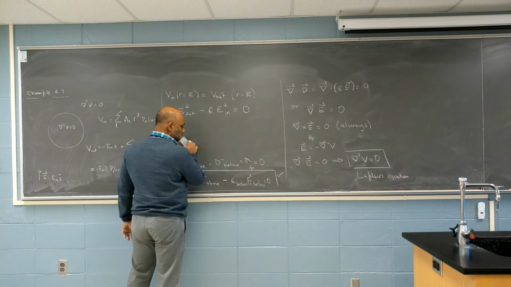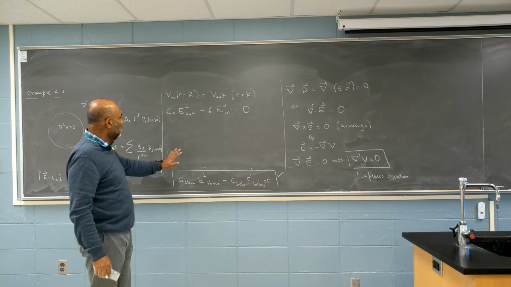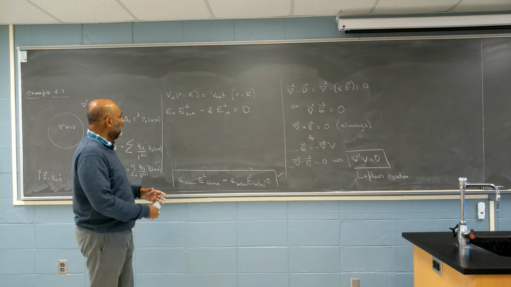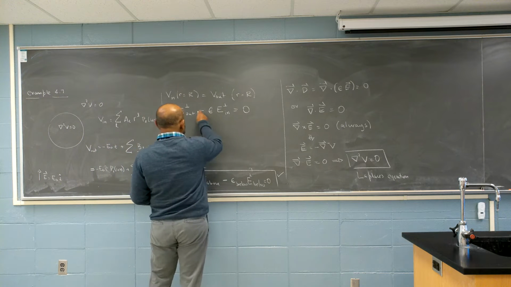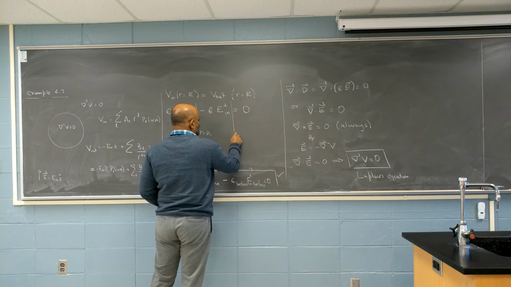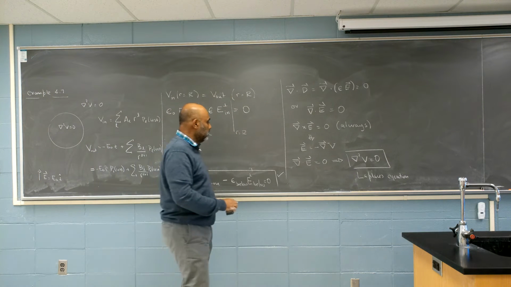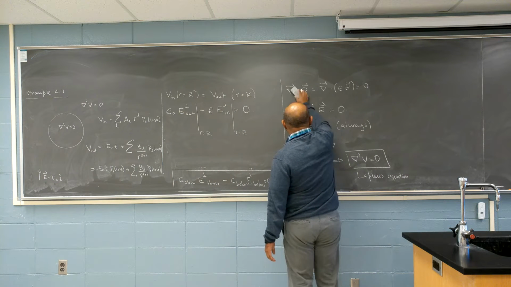Are we good? That's the surface condition, right? Those are the boundary conditions we must meet. So we should technically write this at r equals R. These are the two conditions that we must satisfy.